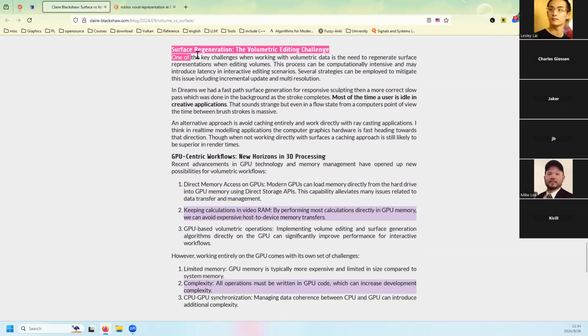Surface regeneration. Yeah, one of the key challenges when working with volumetric data is the need to regenerate the surface. It can be intensive. One approach is a fast pass surface generation for responsive sculpting, and then a more correct slow pass.